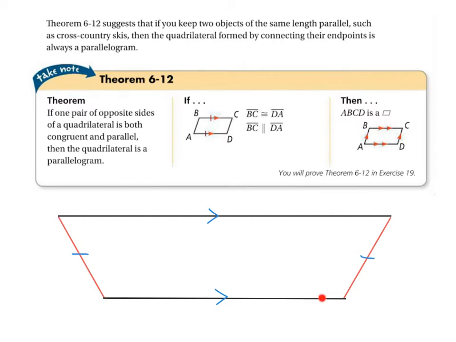This pair of sides is parallel, the other pair of sides is congruent. Okay, as you can see, it's possible for one side to be pointing in one direction, one side to be pointing in the other direction, and so you get parallel and congruent, but it's not with the same pair of sides for both, and so therefore it doesn't automatically force it to be a parallelogram. Okay, so be careful of that. It's got to be the same pair.